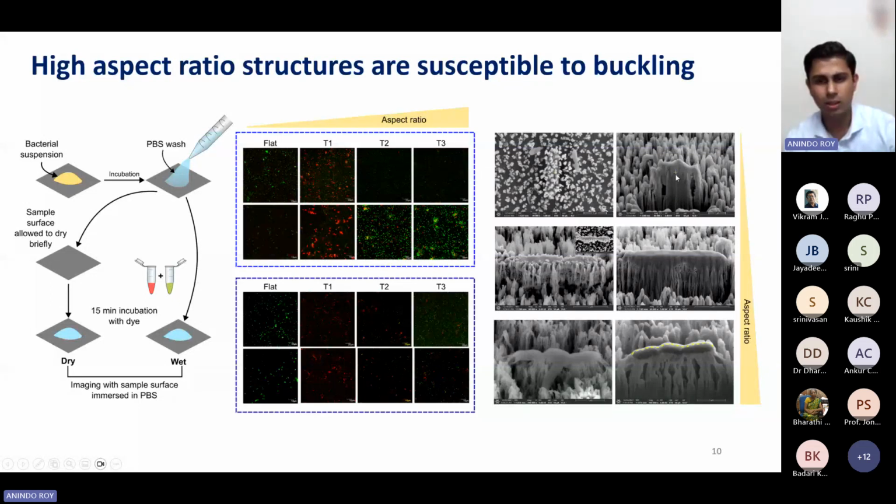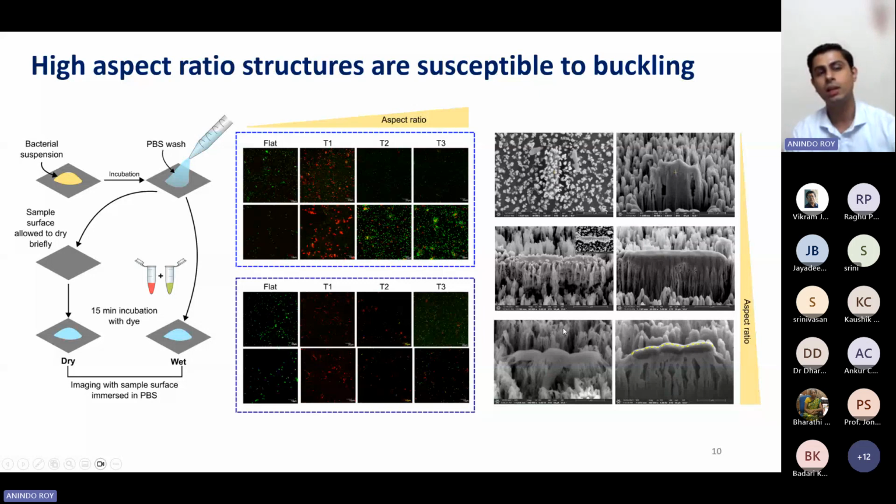Similarly, for T2, part of the bacterial cell has been ruptured and a small part is yet to be ruptured. But if you look at the cross section, the pillars are all erect and rigid, and they have penetrated the bacterial cell wall similar to T1. However, if we look at T3, we notice that the pillars have buckled, they are bent, not rigid and erect, comparable to their original morphology, which you can see here in the background.